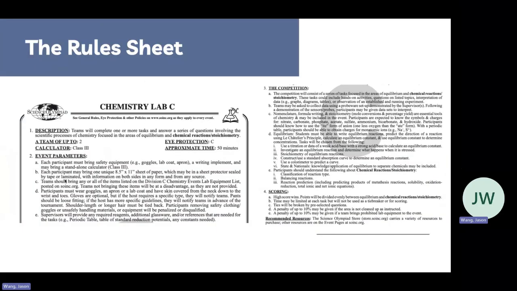All right. So this is the rule sheet. And so we should have all seen this already before. But there's one thing that I do want to mention. It's that with the topics that they write on this rule sheet, many times when we go into regionals or states, right, they can expand beyond this.